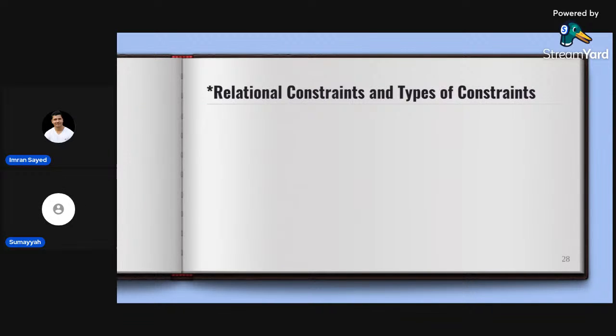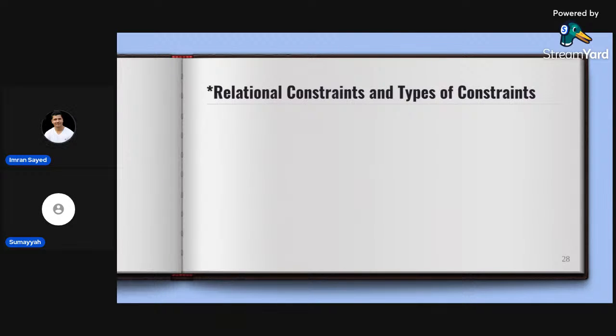Correct. The key constraint states that the value should be unique, so no two tuples should have the same primary key. And then we have the integrity constraint. What are the types of integrity constraints? Entity integrity constraint and referential integrity constraint.